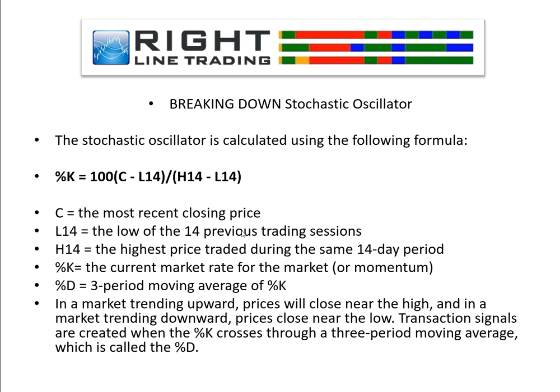So as the close of a candle approaches the average high, or approaches the average low, momentum is increasing, and that percent K line is going to start moving to the downside or the upside. And that's just what we're looking at.